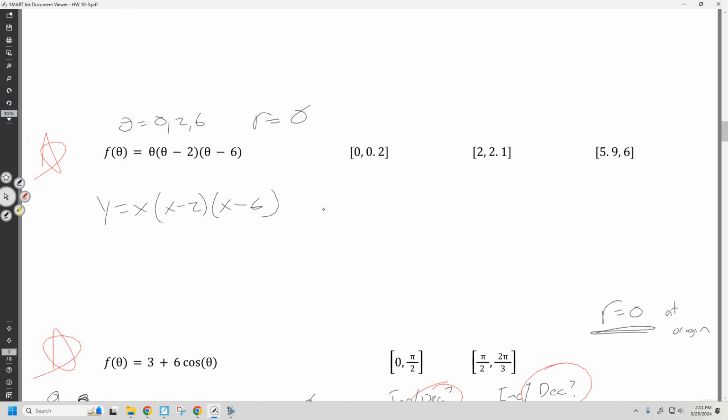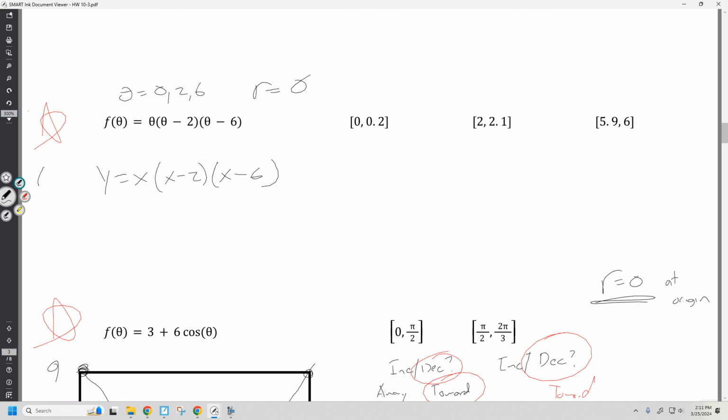It's almost like I want the rectangular form, our x's and y's instead of our thetas and r's. But how do you graph x times x minus 2 times x minus 6? You just use that 0, 2, 6 are 0.